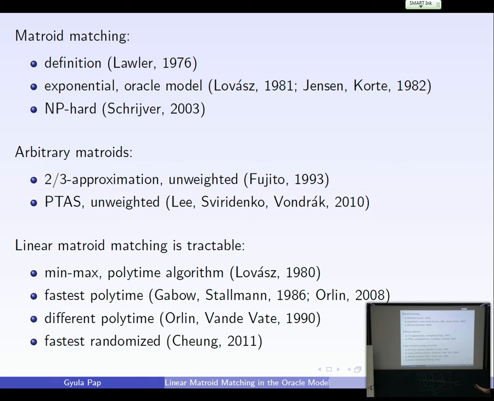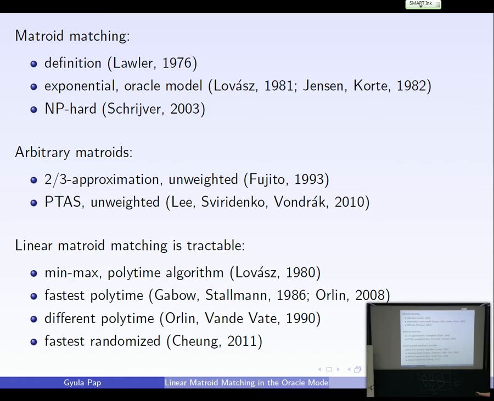So then there's a list of known results. Quite early there were hardness results. For arbitrary matroids, there are only some approximation algorithms. For general, there is a 2/3 approximation. And linear matroid matching, when we assume that the input matroid is given by a linear representation: first algorithm by Lovász.